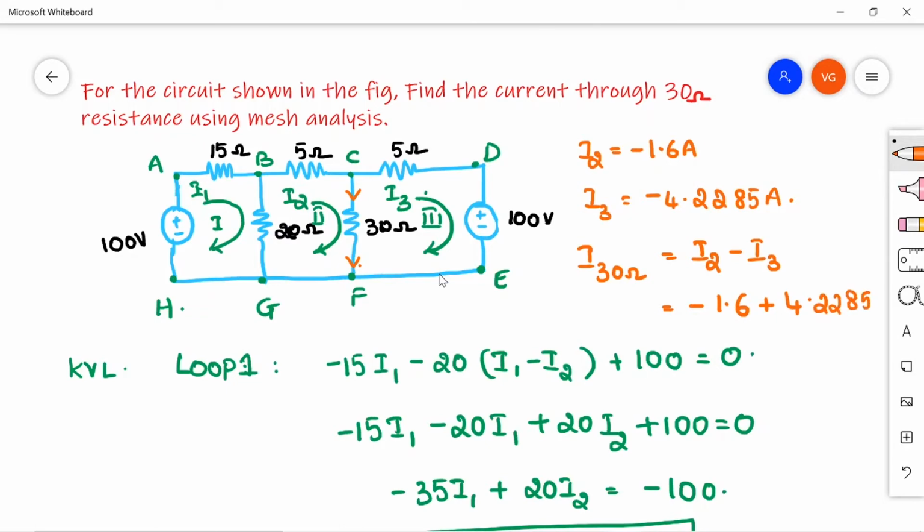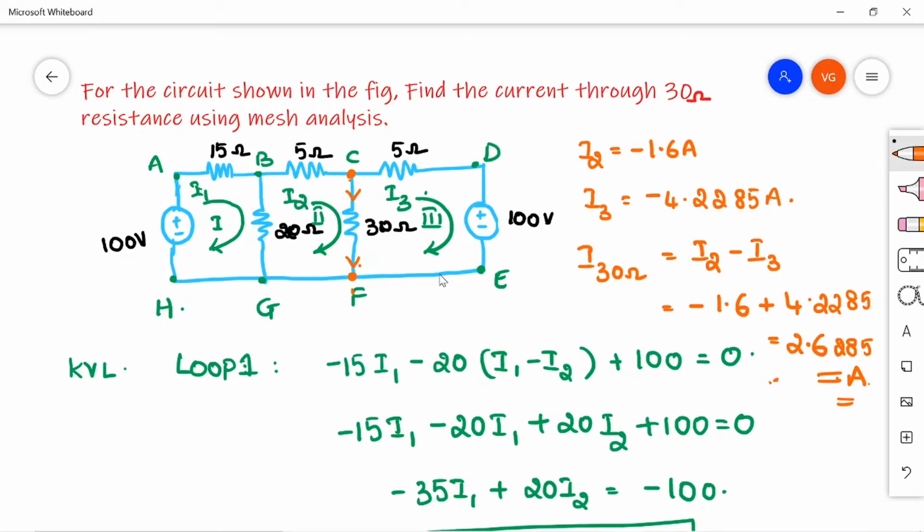So the value you are getting here is 2.6285. That means the current flowing from node C to F is 2.6285 amperes. So the assumption that we have assumed for the current direction is also correct, as you are getting positive sign. No problem if you are getting negative sign also, means the direction that you have assumed is wrong.